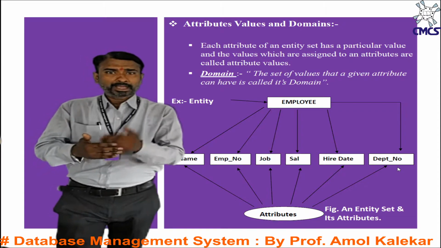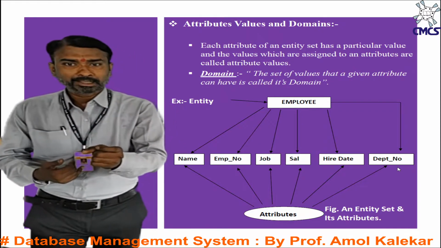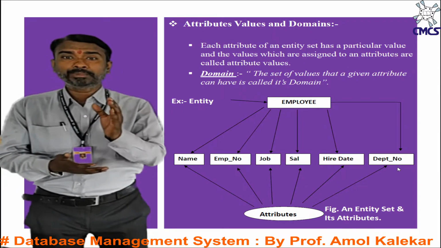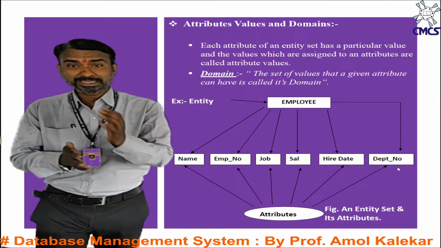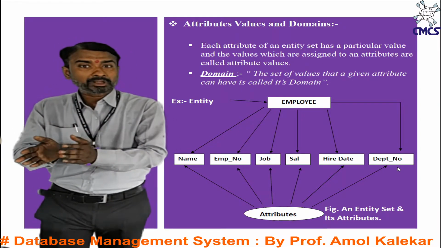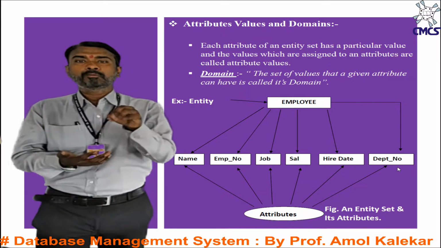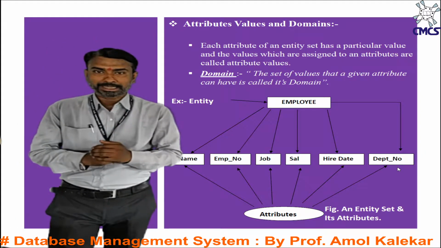For example, as far as the roll number attribute of the student entity is concerned, a maximum 5-digit number can be assigned as a roll number to the student. This is a limitation on the values that can be inserted for the attribute roll number of the entity set.